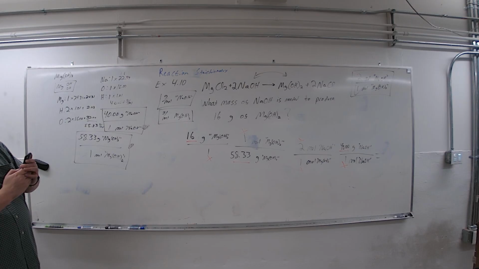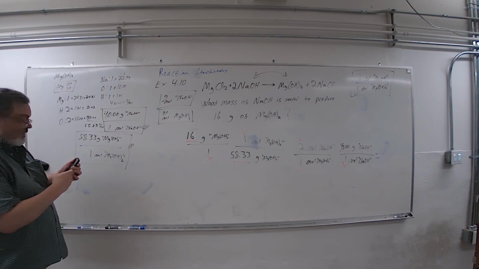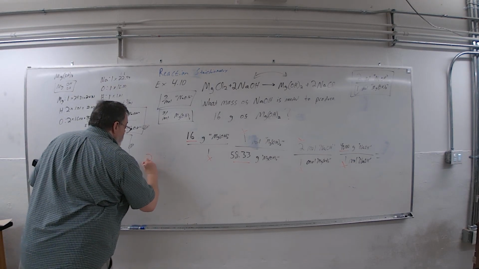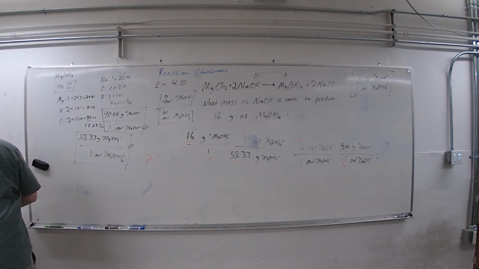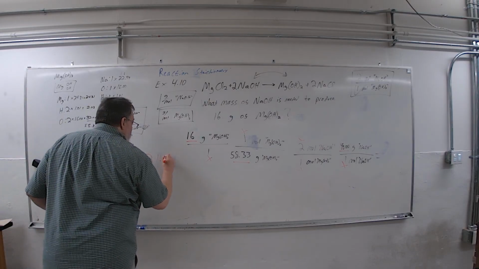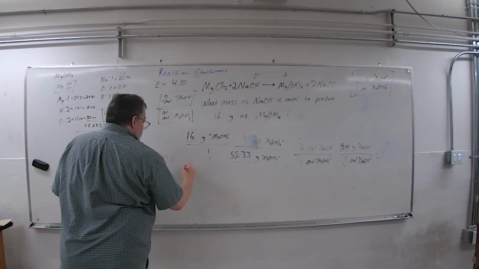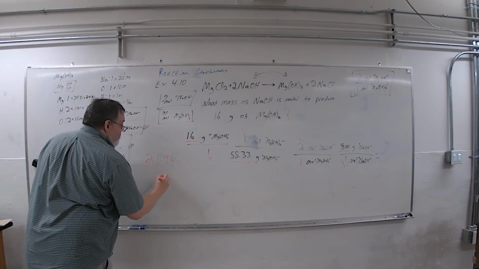16 times 2 times 40.00 divided by 58.33, and that's it. Calculator says 21.94411, etc. We're keeping 2.